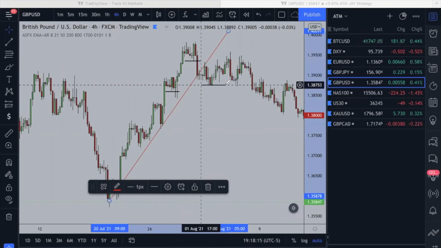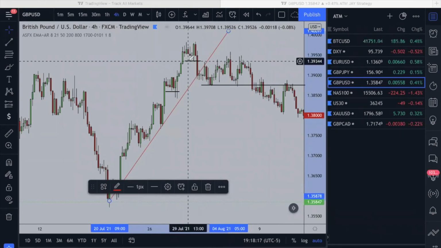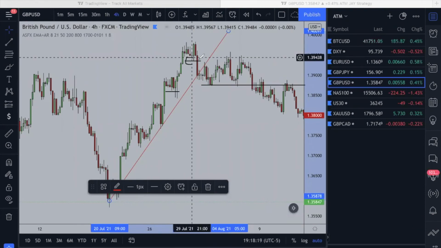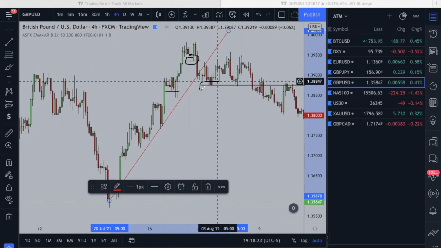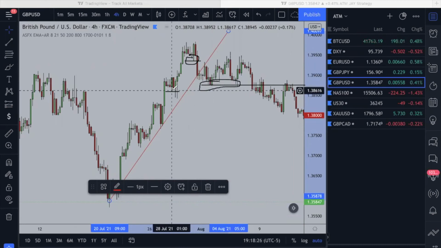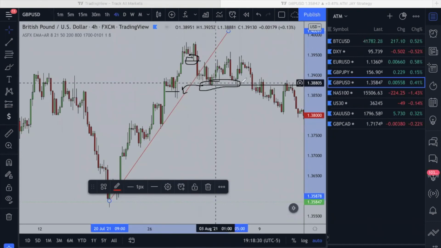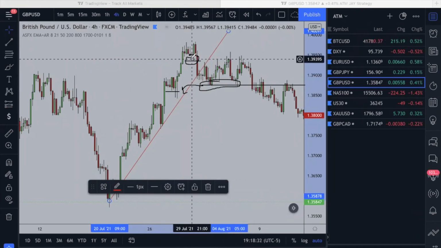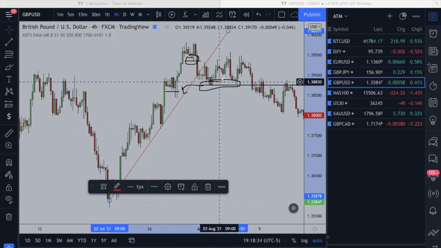Some people may consider this to be a higher low. I probably would have put my higher low right here because this is higher than this, and it's more structured to me instead of this small area.